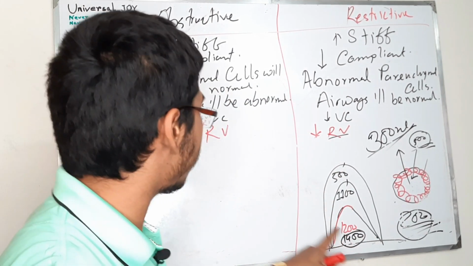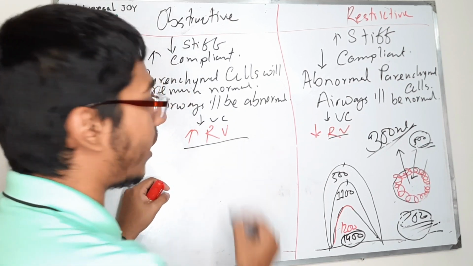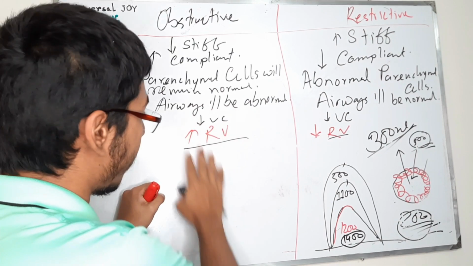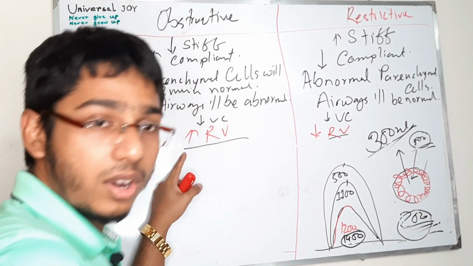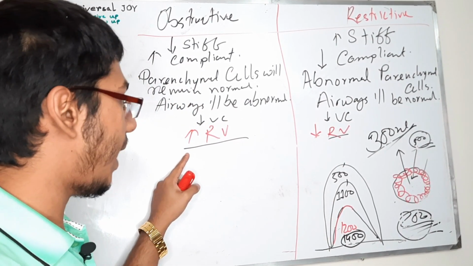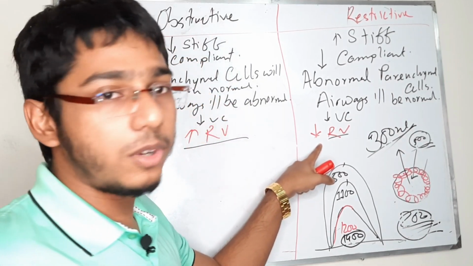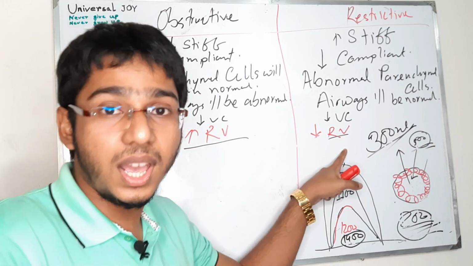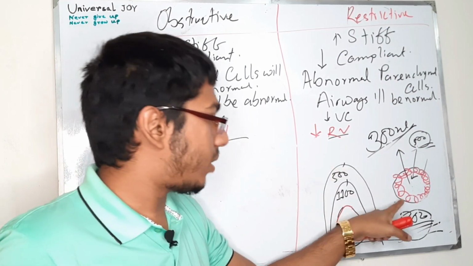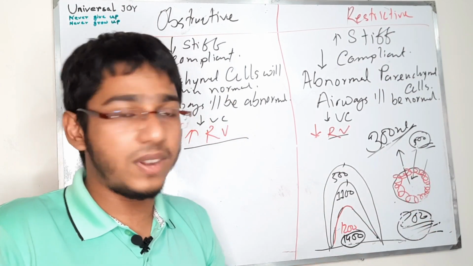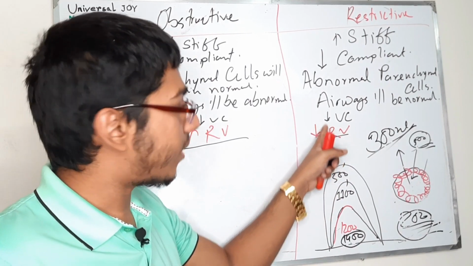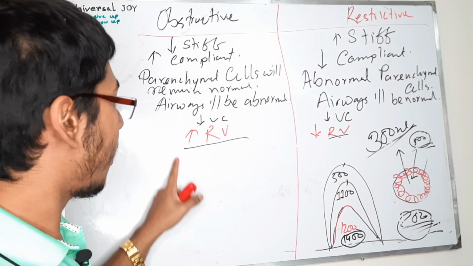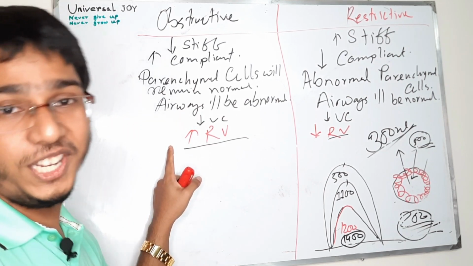That is the major reason why residual volume is increased in obstructive disease, and in restrictive disease residual volume is decreased, because restrictive disease is not associated with airway obstruction. The airway remains the same, but due to the stiffness, residual volume remains low in restrictive disease. But in obstructive disease, residual volume is increased.